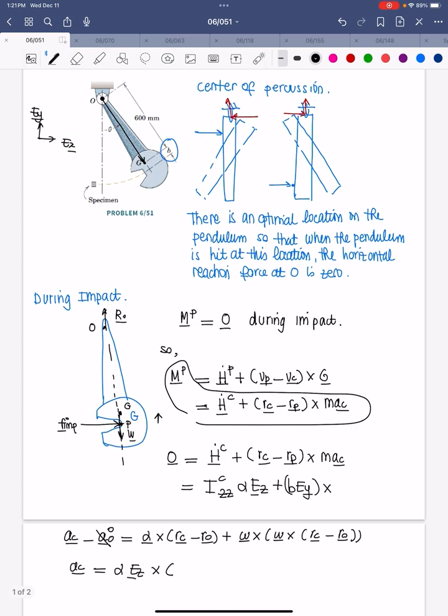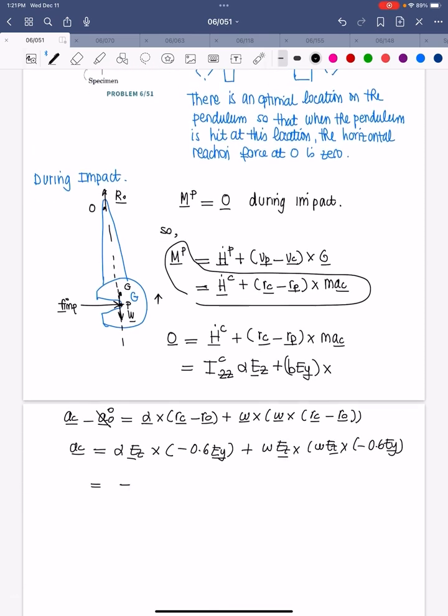So during impact, r_C minus r_O is minus 0.6 e_y, plus omega e_z cross omega e_z cross minus 0.6 e_y. Calculating the cross products, we get minus alpha 0.6 e_x plus 0.6 e_y omega squared, because e_z cross e_y is minus e_x and e_z cross e_x is e_y.